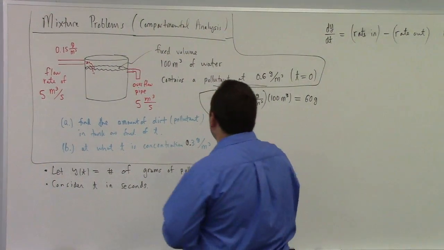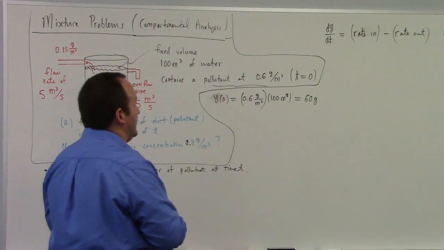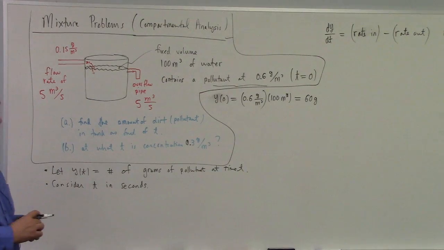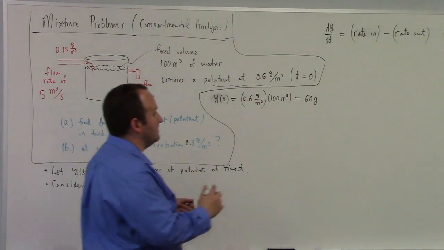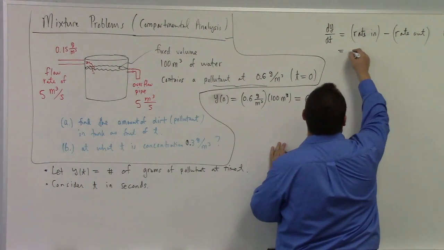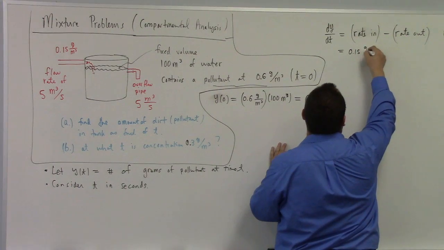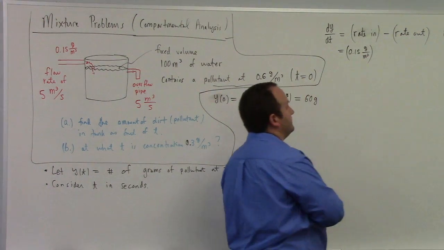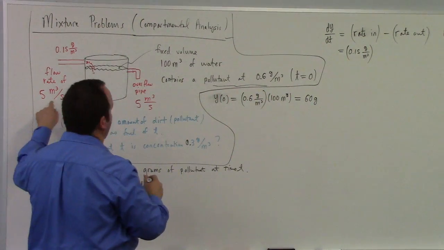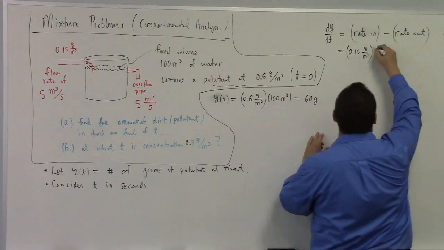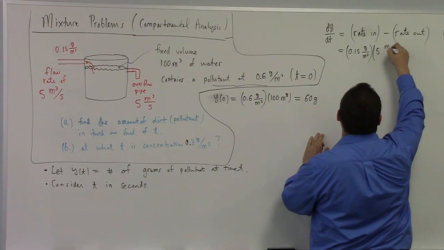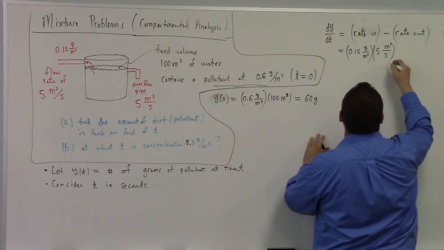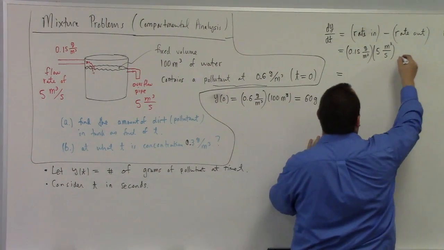A rookie mistake here would be to just put 0.15 for the rate in, but it's not just 0.15. What is it? You multiply by the flow rate, so times 5 meters cubed per second. I'm writing the units here for a bit. When we do the math I will drop the units, but it's good to do the units here to see that what we're doing is dimensionally consistent.